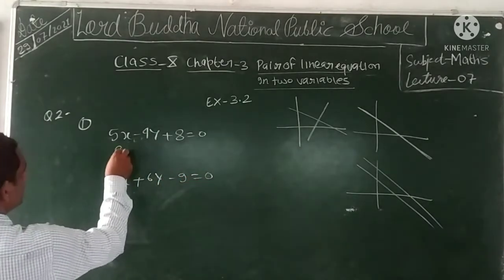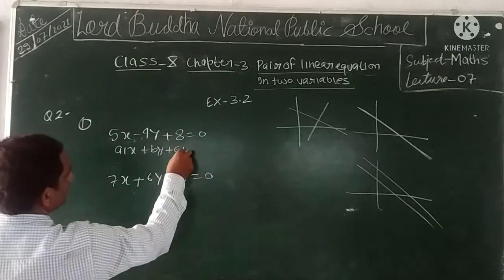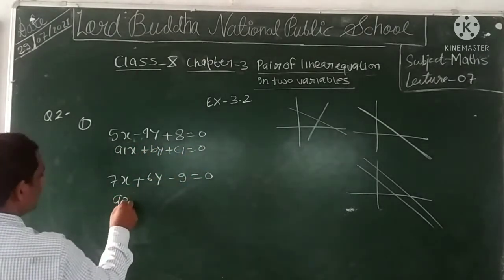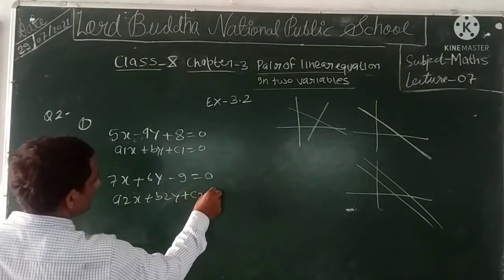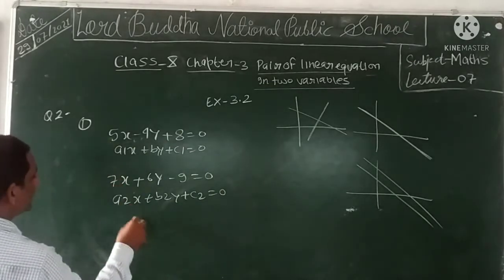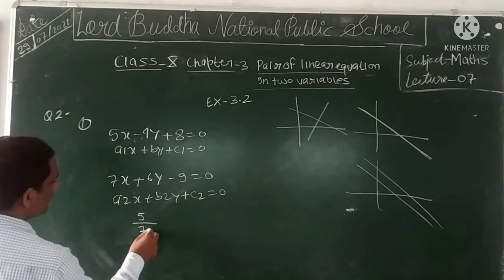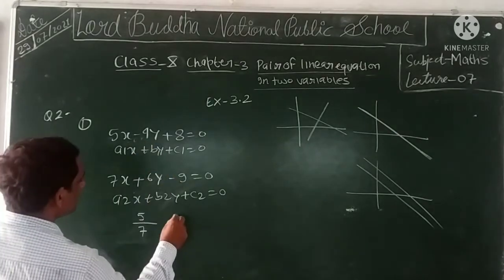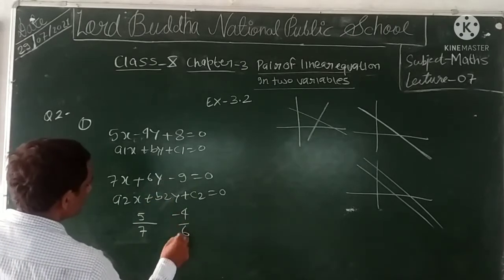Compare it with A1x plus B1y plus C1 equal to 0 and A2x plus B2y plus C2 equal to 0. Here A1 is 5 and A2 is 7, so 5 upon 7. Here B1 is minus 4 and B2 is 6.